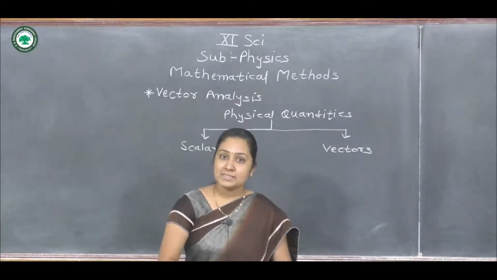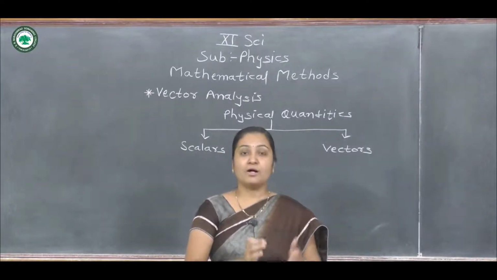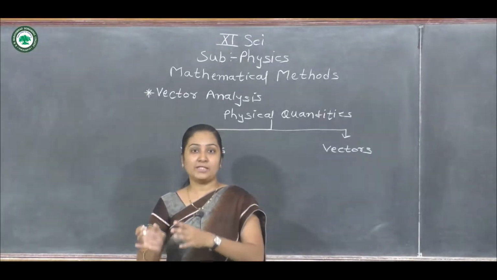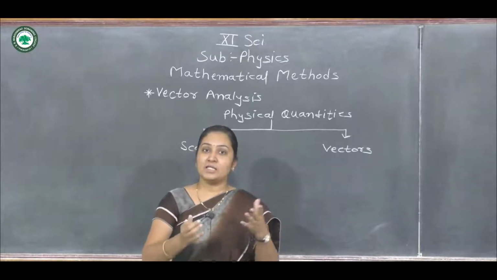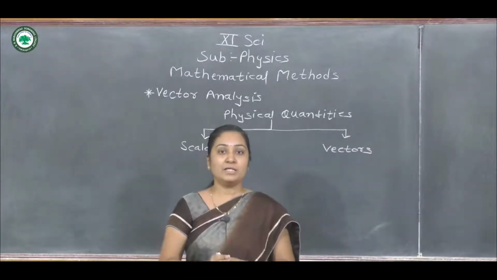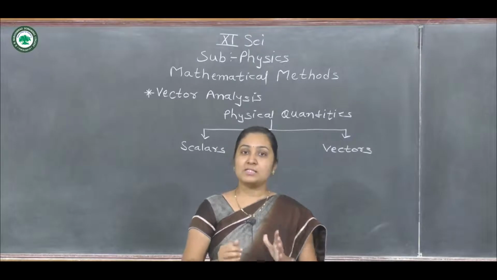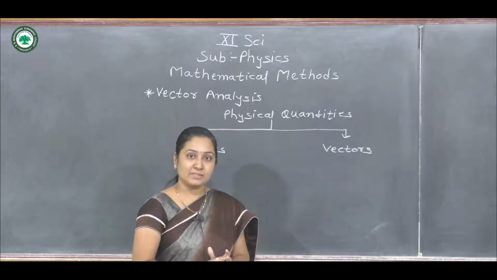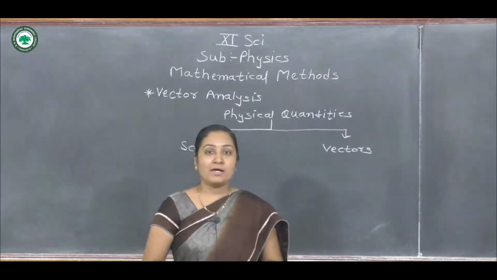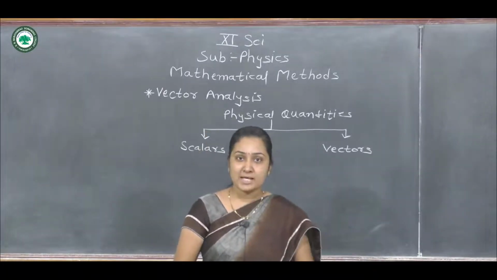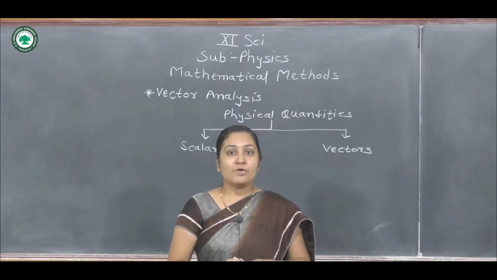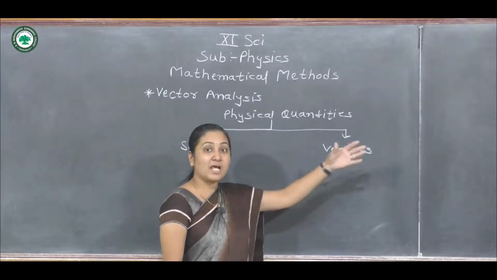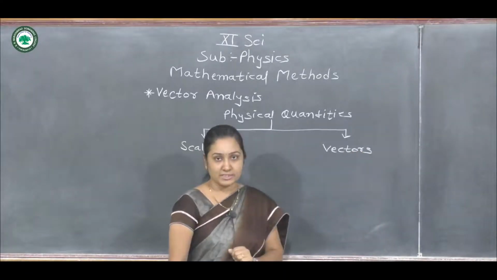So in this case we require vectors to decide the direction of any object which is in motion in physics. This is the need of mathematical methods or vector analysis, that we require direction in some cases. So we require magnitude as well as direction, which are given by vector quantities.